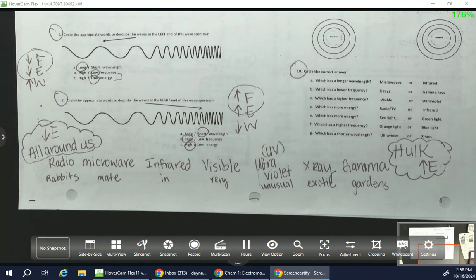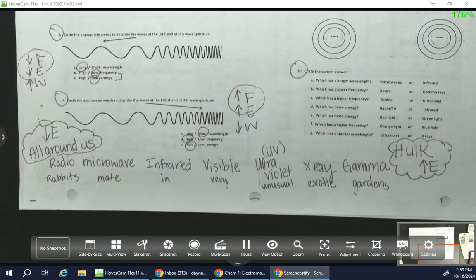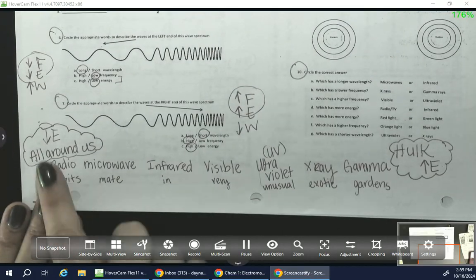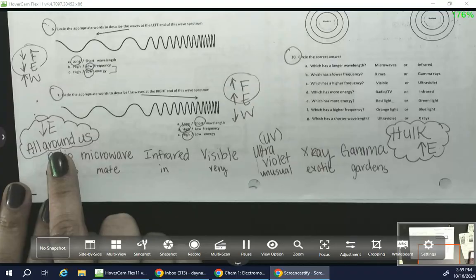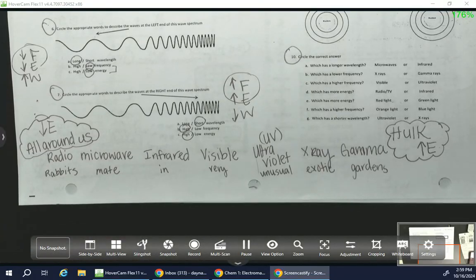They live up on a mountain as far away as possible from all of the radio waves going around our phones and all that stuff. So there is such a thing as reacting to that. I wasn't making that part up. But for the most part, low energy really doesn't do anything.